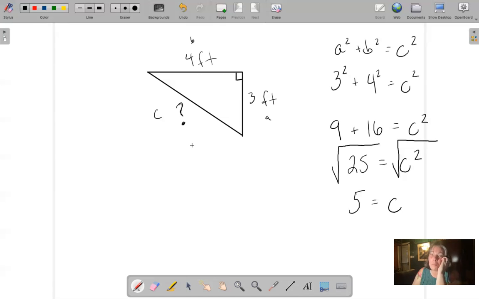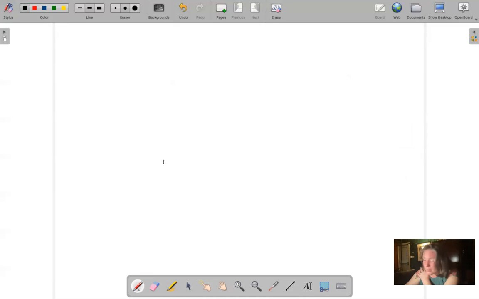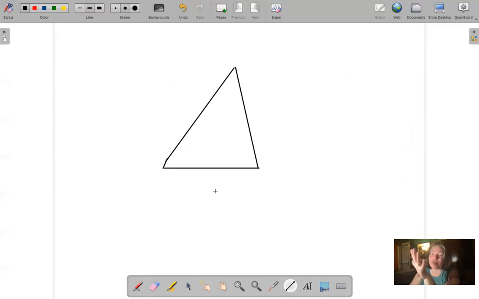All right. Now you guys should hopefully understand the Pythagorean theorem. Remember, if your triangle looks like this, it won't work. It must be a right triangle.